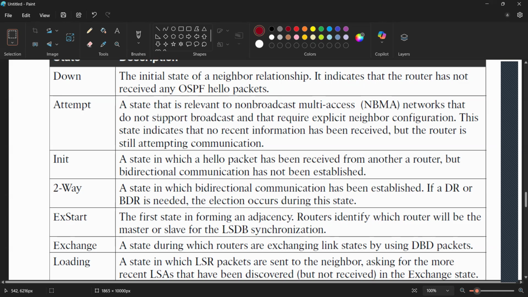In the BGP keepalive message and all, we have this kind of things. In OSPF also, we have some neighborship criteria. Got it?